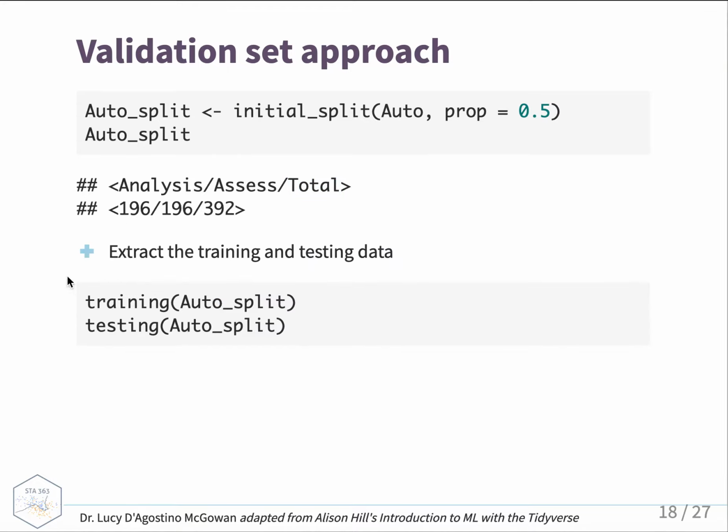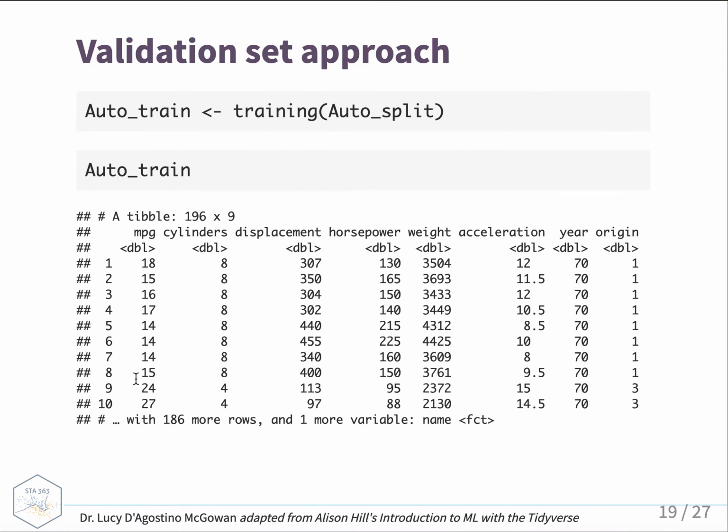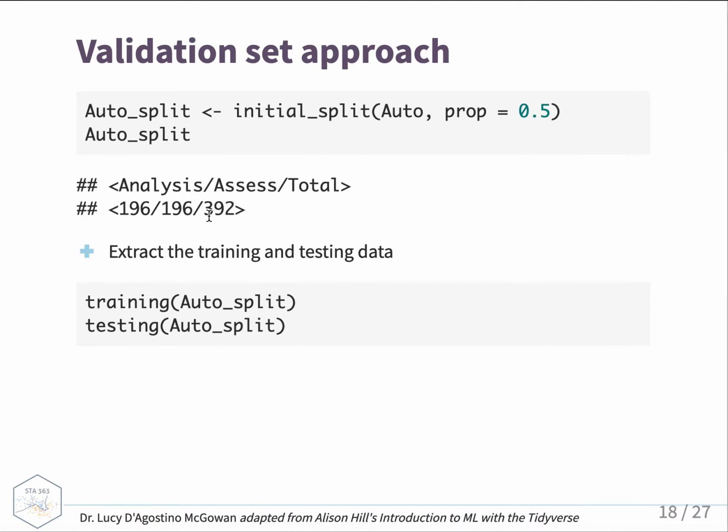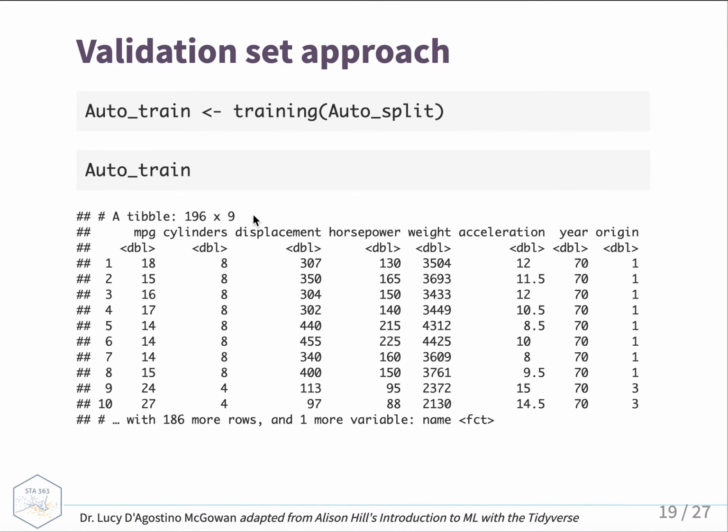From this, I can extract the training and testing data by using the training function and the testing function. For example, here I can create a data frame called auto_train by running the training function on this split object. Now when I look at that in my console, I have a data frame that has 196 rows and 9 columns, whereas the whole auto data set has 392 rows.